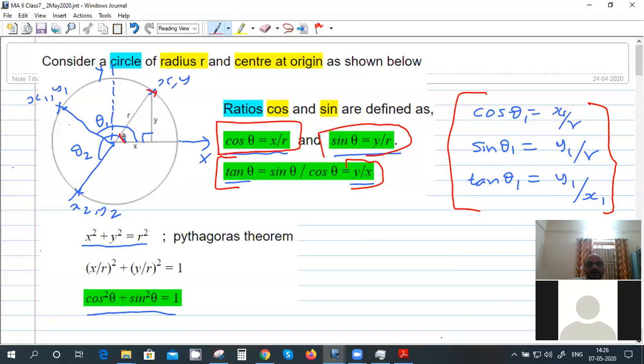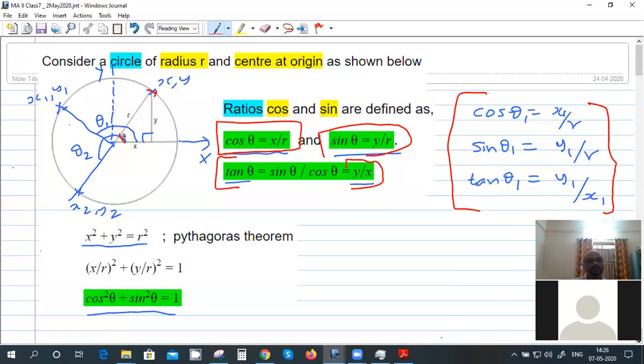Yes, sir. Because in the first quadrant, I can draw a right angle triangle. Once theta crosses 90 degrees, there is no right angle triangle. So in that case, I'll just use this definition as x by r. Whatever is the x coordinate of the point divided by r, that I will take as cos. And the y coordinate divided by r, I'll take as sine. And tan is y coordinate by x coordinate.